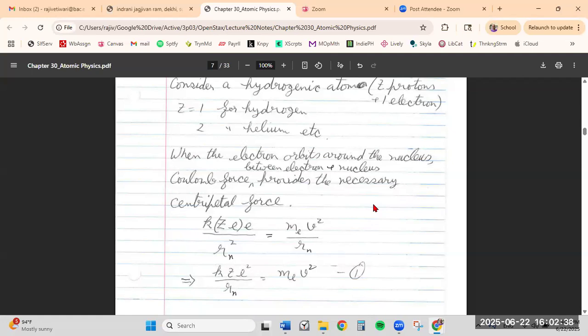So when the electron orbits around the nucleus, you might recall from mechanics that in order to have a sustained circular motion, you need some source of centripetal force.